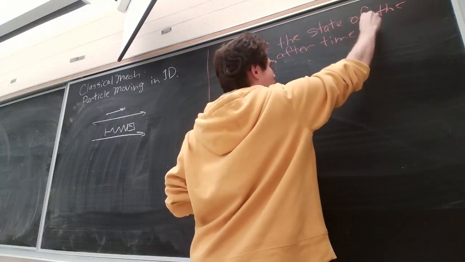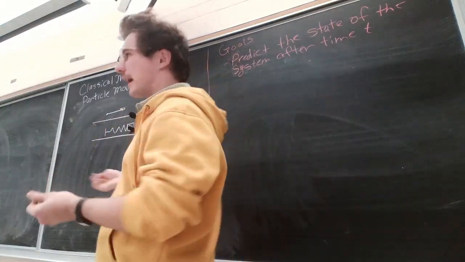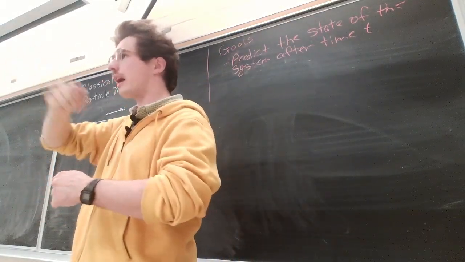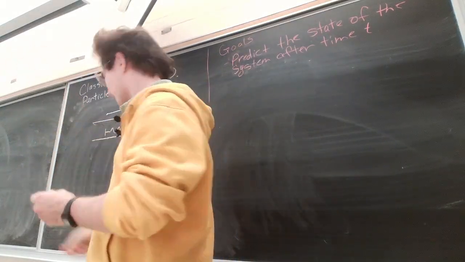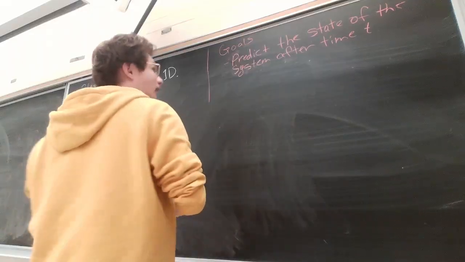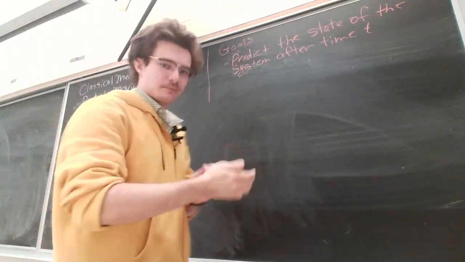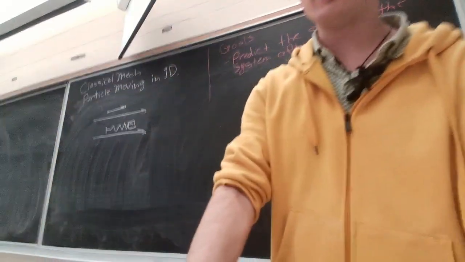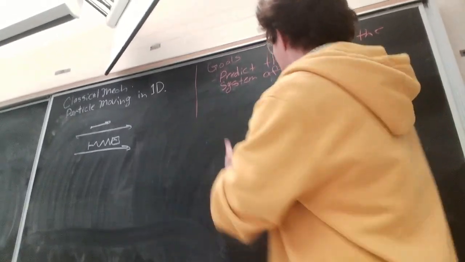Do you agree? So that's exactly the same as I want to figure out how the thing is going to move around in time. Do you agree? Okay. So we read this goal, and clearly we need to understand what this means, right?